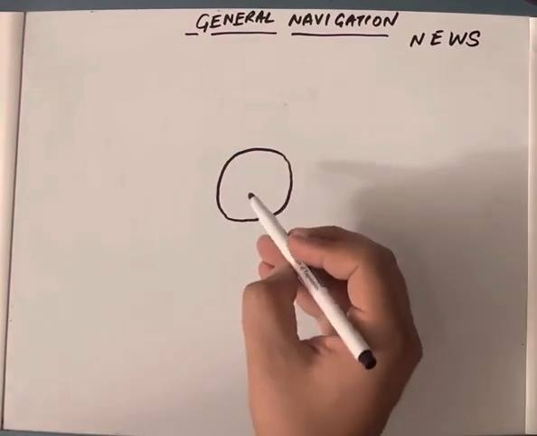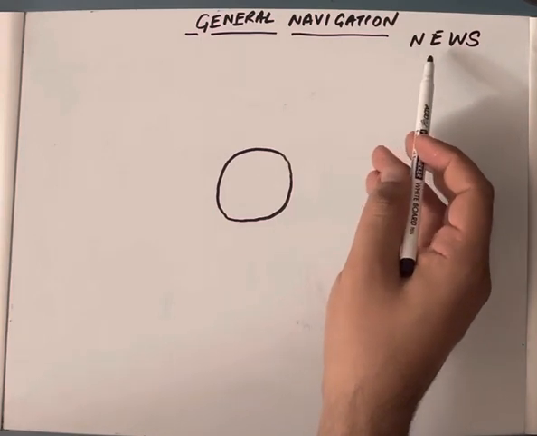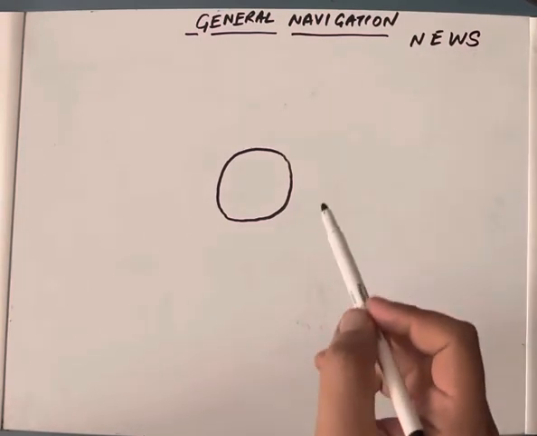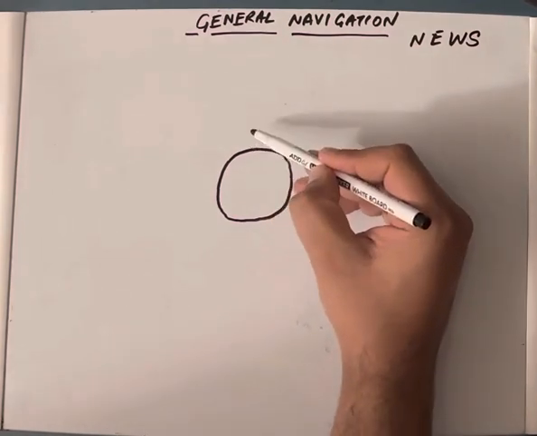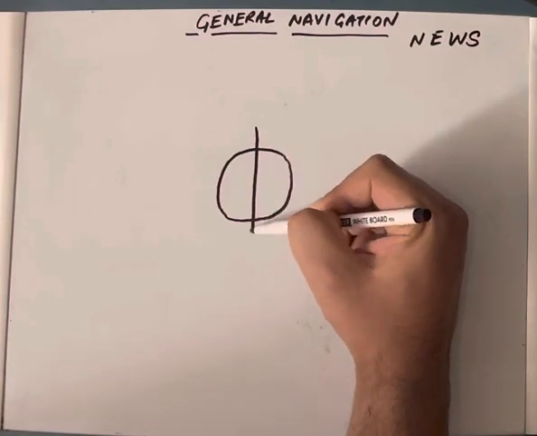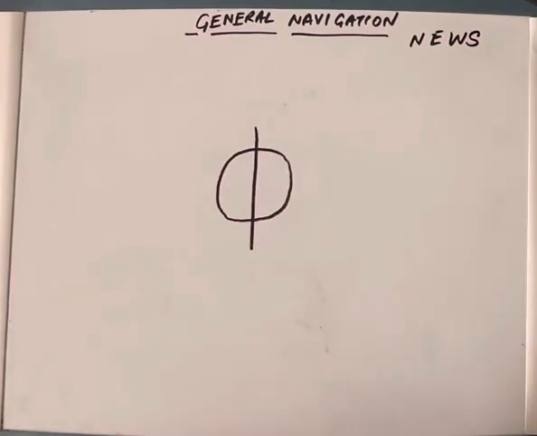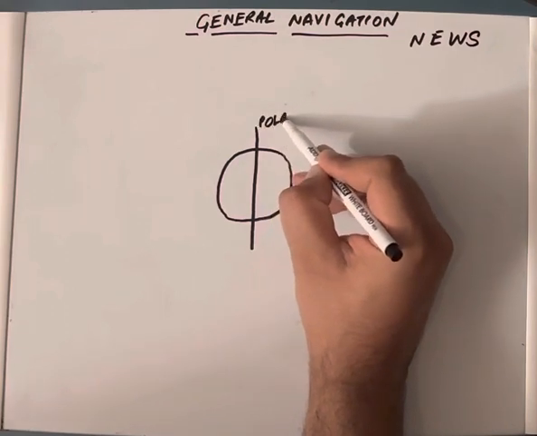So, to define the directions, which direction is north, east, west, and south, we have to have a datum. Basically, if we draw a line from the north to the south of the earth, that is what we call the polar axis.